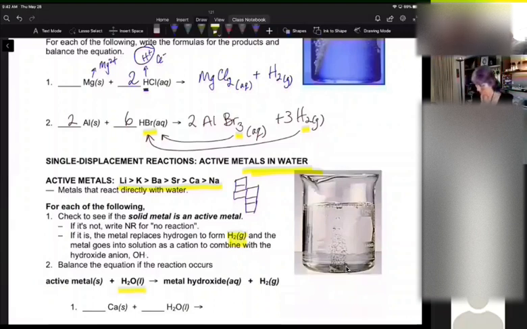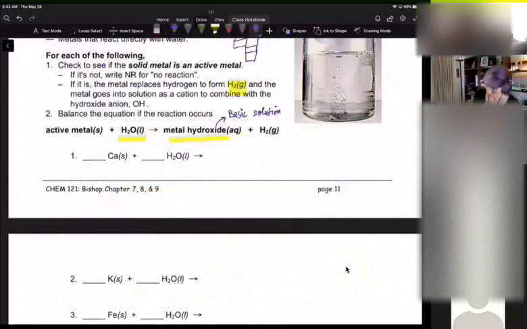They're going to form the metal hydroxide, which is basic solution. So calcium is a 2+. This is going to be an H connected to an OH, so we'll look at calcium hydroxide.